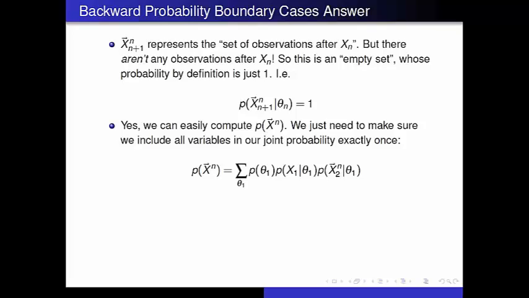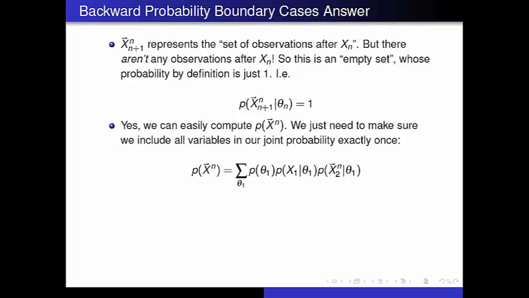The forward times the backward. I think I see what you're saying. And then I have that theta t given x to the n equals that joint divided by x to the n. So in my answer, I included a denominator of theta 1 given x to the n. Does that make sense?